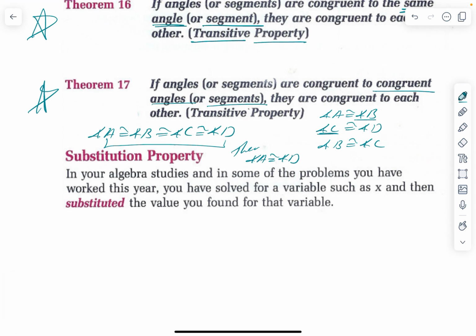And for the most part, if you can make that chain, so to speak, that chain of reasoning, then you've got the transitive property.